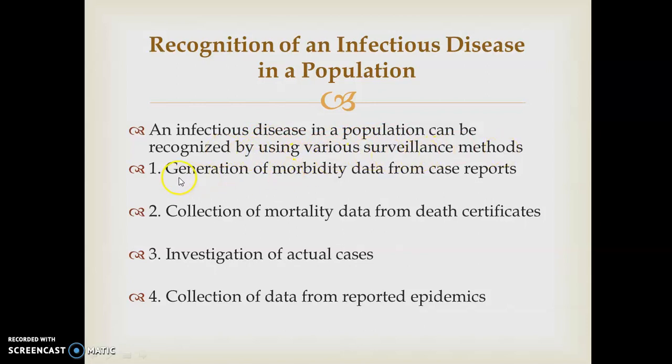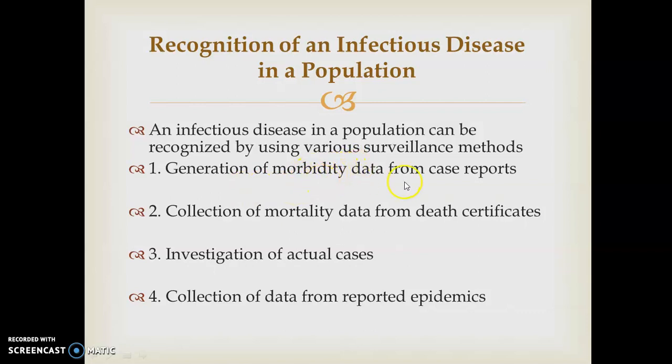Now what are the surveillance methods? There are some factors involved here in infectious disease. The first one is the generation of morbidity data from case reports. The morbidity data, I told you, is where we find out the illness report, the disease report.